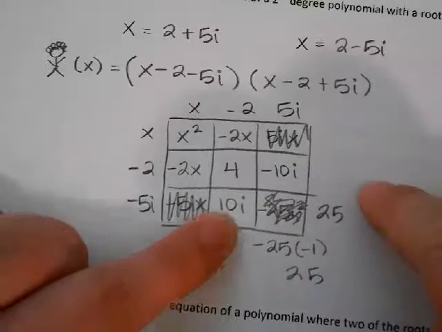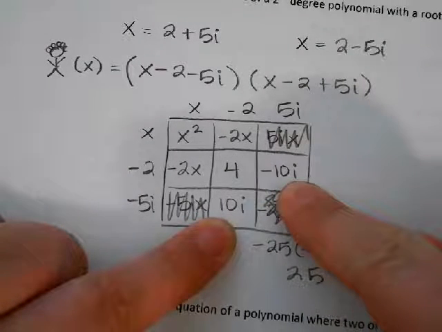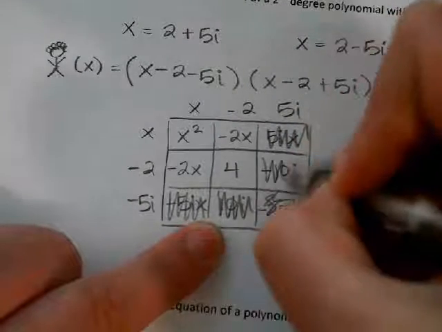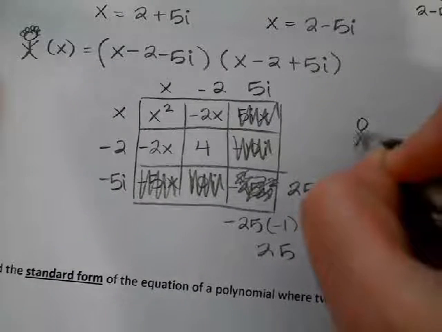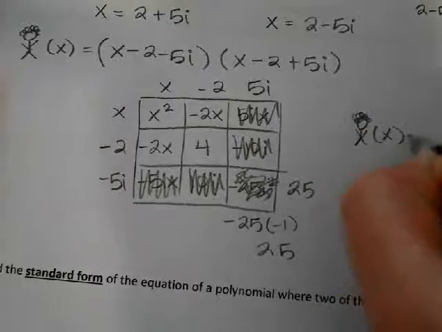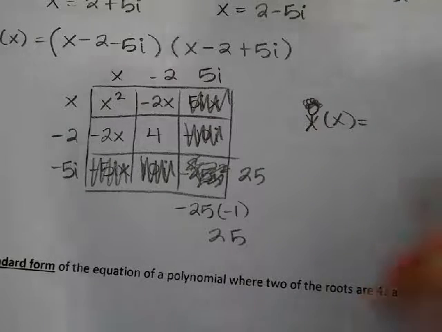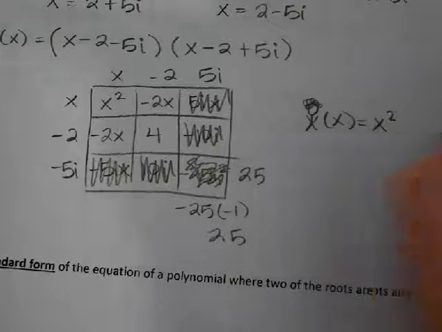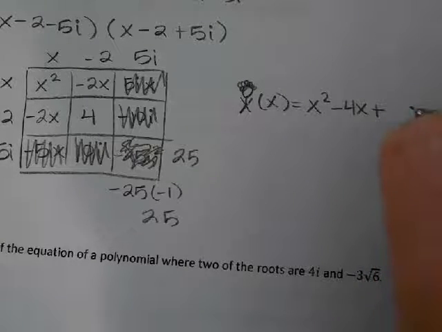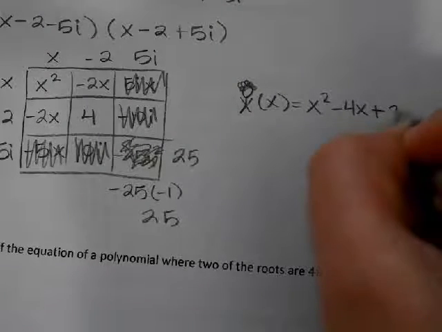So we have gauge of x, shower cap gauge of x, equals x squared minus 4x plus what? 29. Perfect. Gauge, that is your new equation. It means your life. It's significant to you somehow. I don't know how, but it is the meaning of your life.